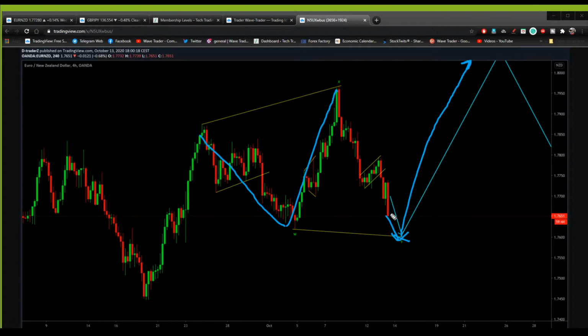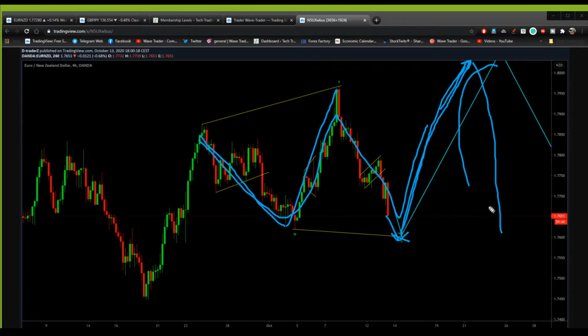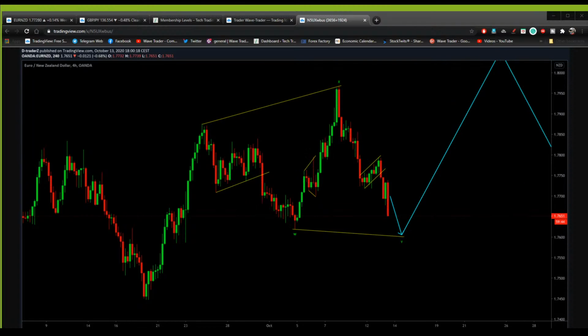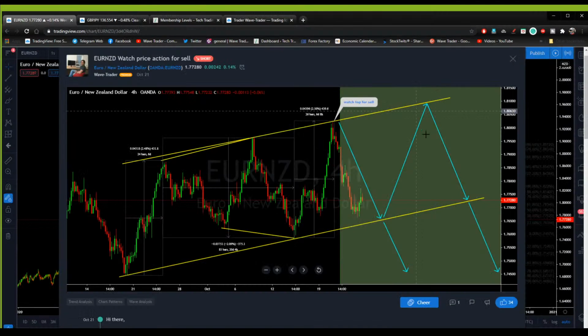All right, but at the same time we were bearish on the New Zealand dollar US dollar chart. All right, so we got the bearish move on the New Zealand dollar US dollar. We got that trade. All right, and this was the opposite. Okay, so we got that next leg higher, and then we are having this move. Okay, we had that move, best trade last week, we got around 400 pips on this chart.